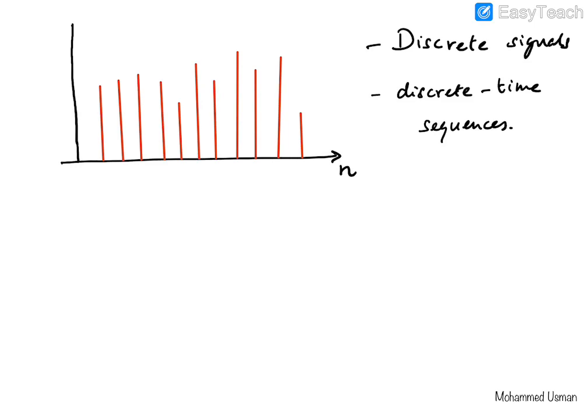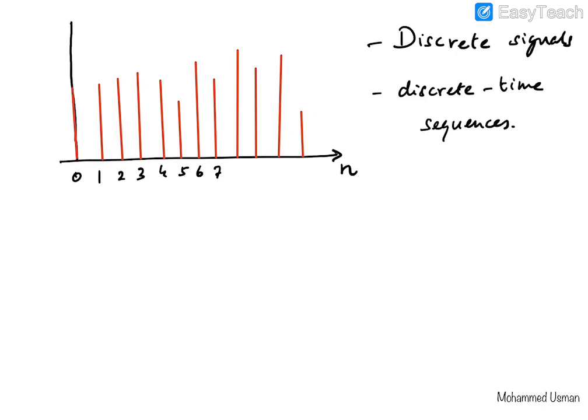So that means if that is 0, we can have it at 1, 2, 3, 4, 5, 6, 7, and so on. And similarly, we can have a value at 0 as well, or at -1 as well. Say -1, -2, and so on. So we can have it at -1, -2, but the value of n should always be an integer.